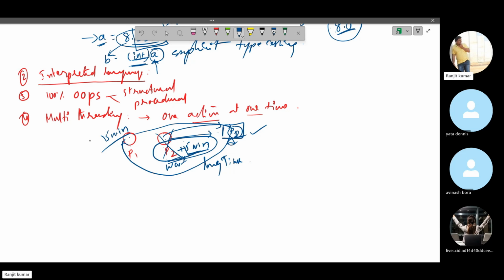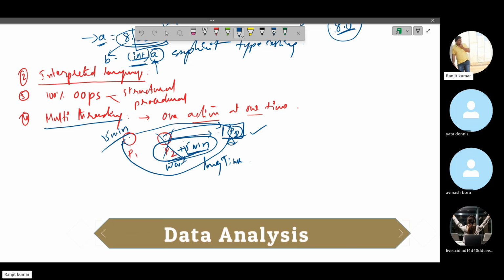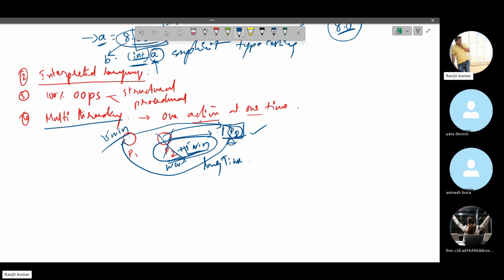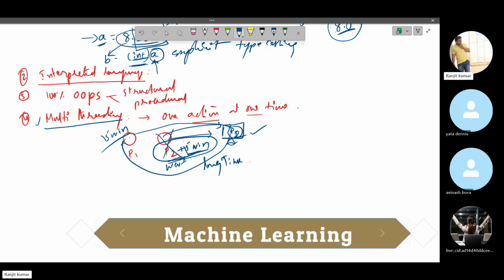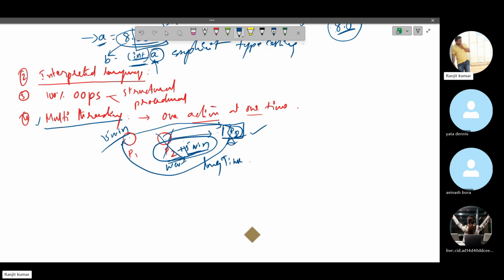To overcome this, we introduce the multi-threading process. That means P1 and P2 will work in my computer simultaneously. This is a very good topic. We have one session where we will discuss the multi-threading concepts completely.